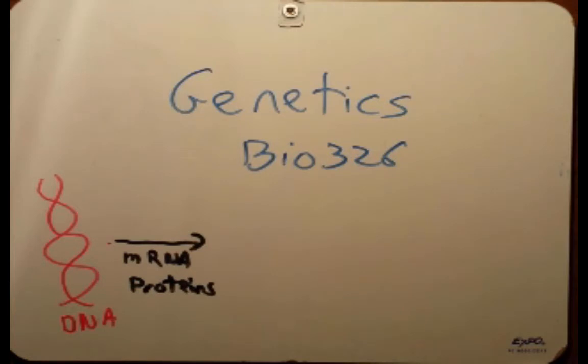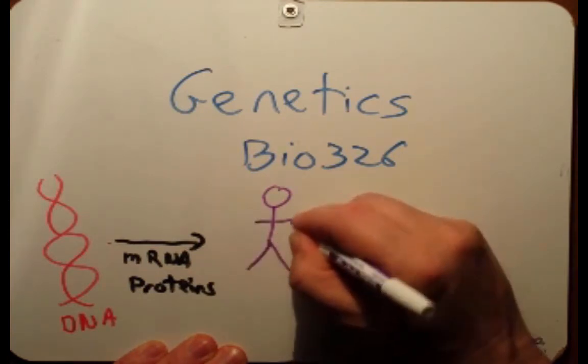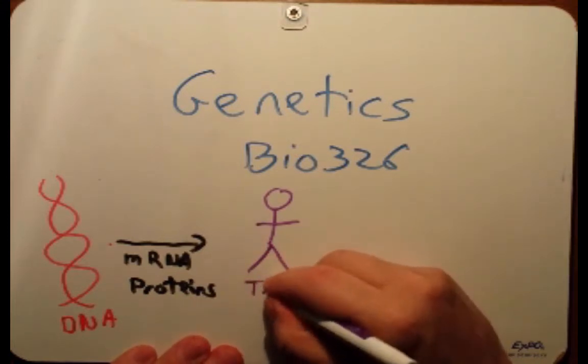As I said a moment ago, this will help develop traits, and I'm just going to draw a person here. So the traits that this person or any organism has are all because of the DNA and the environment. So we have traits here.